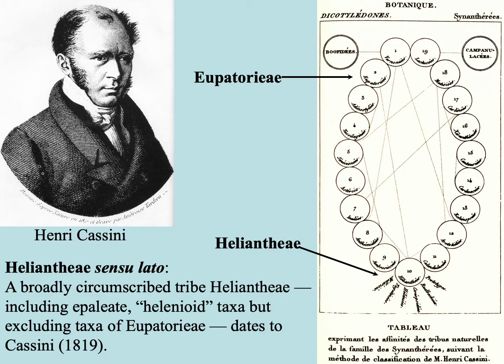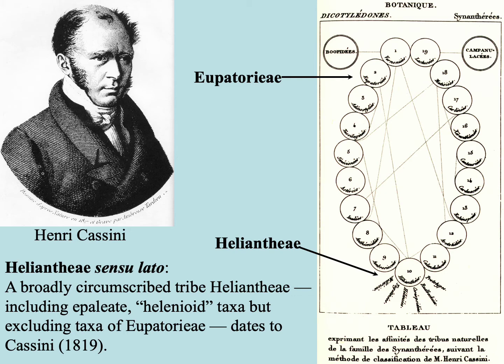And if we go all the way back to Cassini's classifications in the early 1800s, Henri Cassini made wonderful contributions to our understanding of composite relationships. The most insightful early student of the family, and he circumscribed the tribe Heliantheae very broadly to include not only these paleate members with receptacular bracts through the head, like in core Heliantheae, but also included some epaleate helenioid taxa that often have been excluded from the tribe that lack the palea.